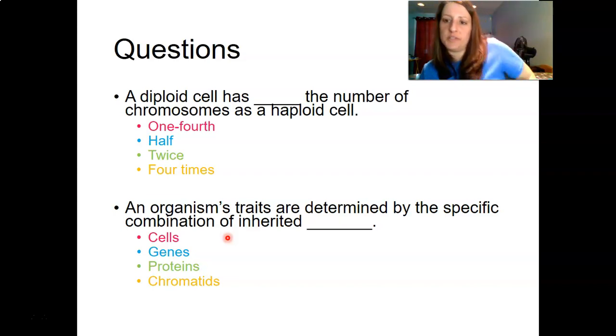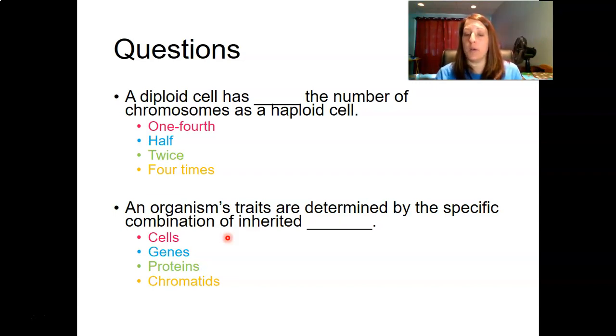So let's go back to humans for our example. In humans, our haploid cells are our gametes, right? Egg and sperm cells. They have 23 chromosomes each. If we look at our somatic cells, they're going to have 46 chromosomes, 2 times the number. So a diploid cell has twice the number of chromosomes as a haploid cell.